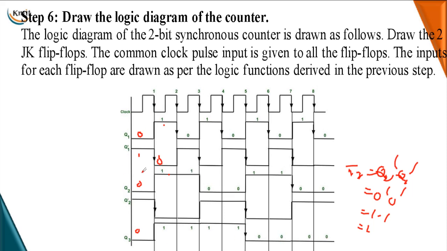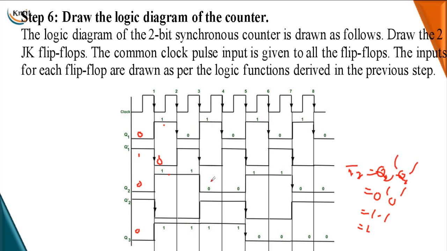Now the initial state of the flip-flops, Q3 Q2 Q1, is 0 0 0. At the first clock pulse, the state is Q3 1, Q2 1, Q1 1, which is 7. At the second clock pulse trailing edge, Q3 1, Q2 1, Q1 0, so 6.